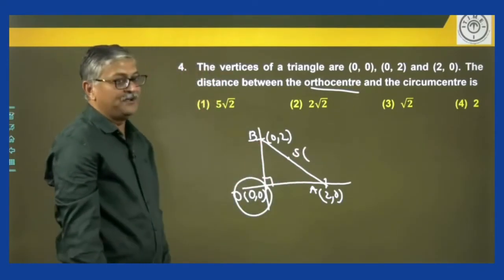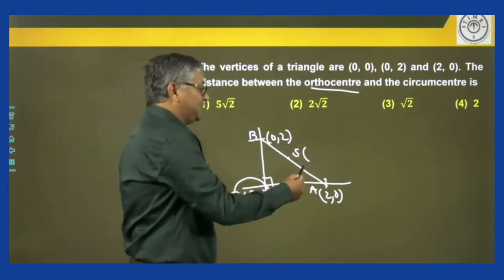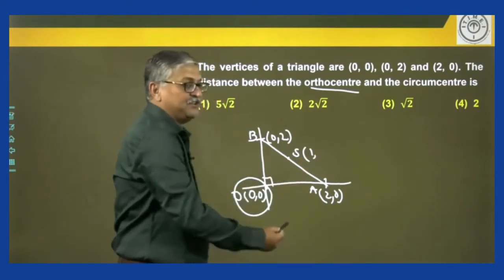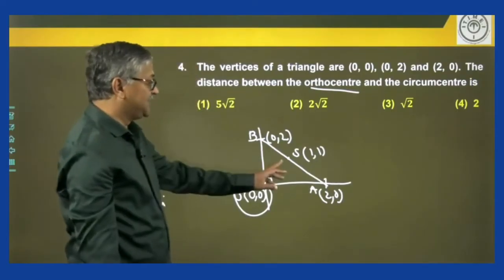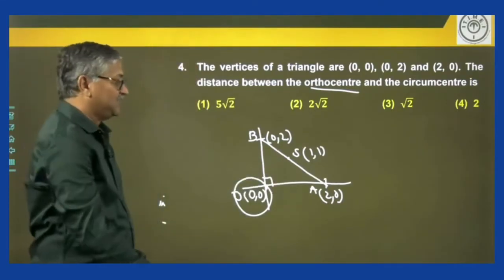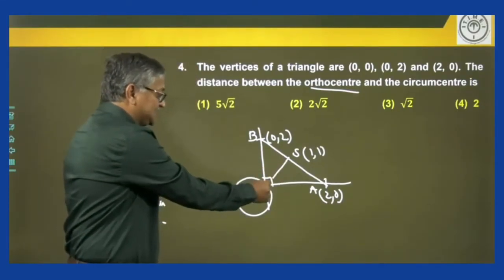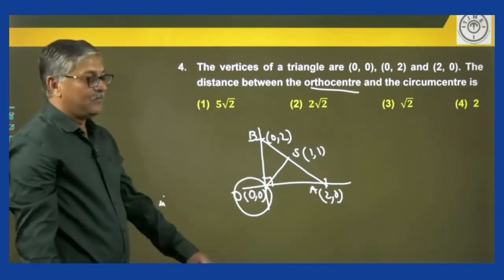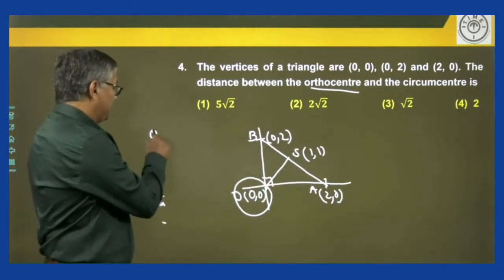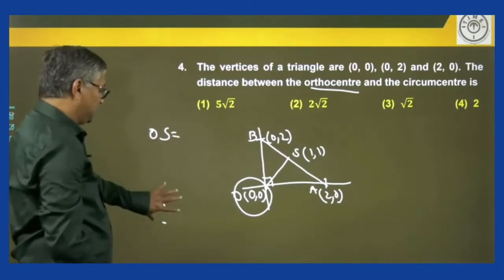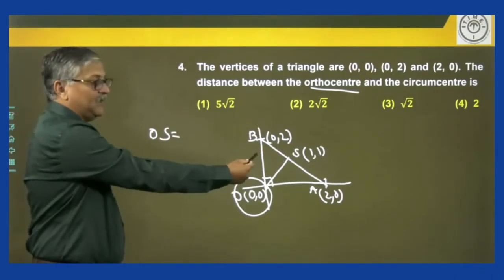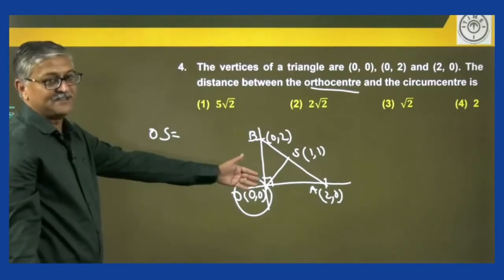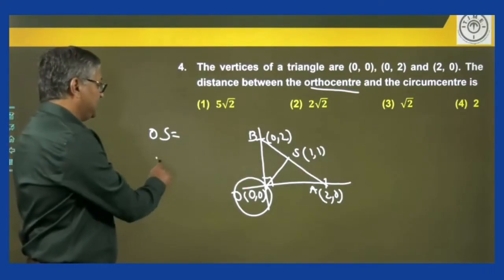So, what is the midpoint? (2 plus 0) by 2, that is 1, and (0 plus 2) by 2, that is again 1. So, the orthocenter is 0, 0 and the circumcenter is 1, 1. You want to calculate the distance between these two. So, how can we calculate? Simply, OS is equal to root over (x2 minus x1) whole square plus (y2 minus y1) whole square.